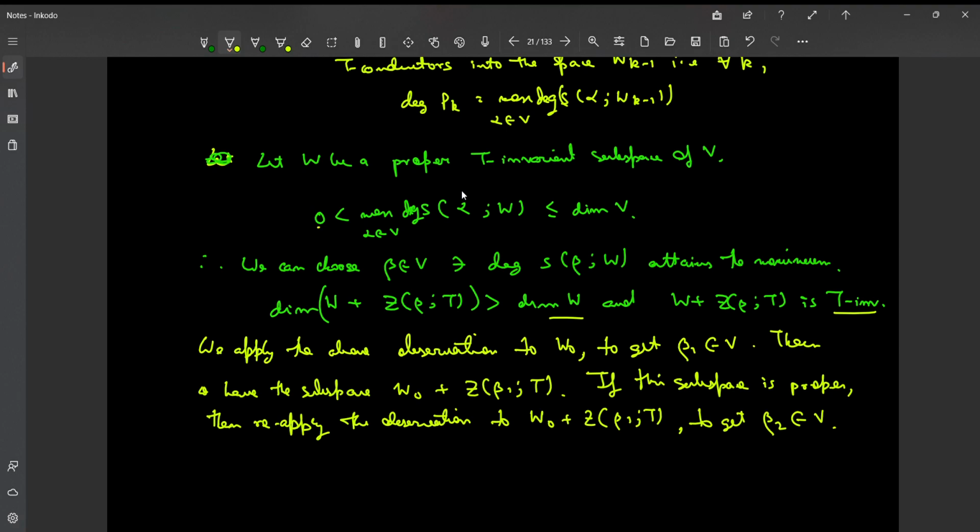By assumption, we have chosen this maximum degree to be something greater than 0. Clear? To get beta 2.